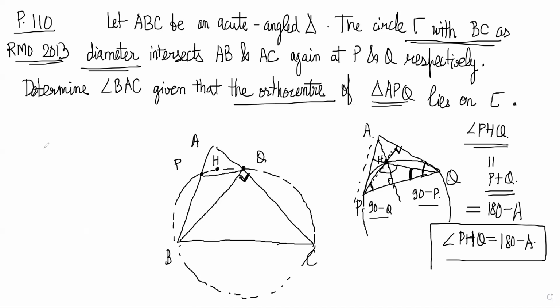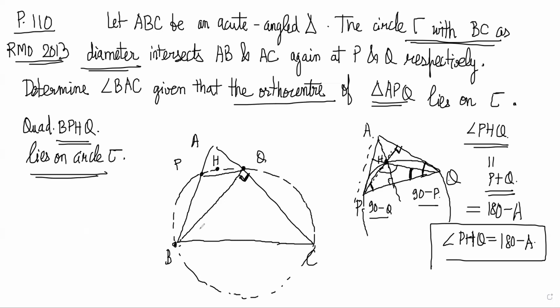Great. And now look at the quadrilateral BPHQ. If you look at quadrilateral BPHQ, notice that all 4 points are lying on the circle tau. So basically this quadrilateral BPHQ is cyclic, right?